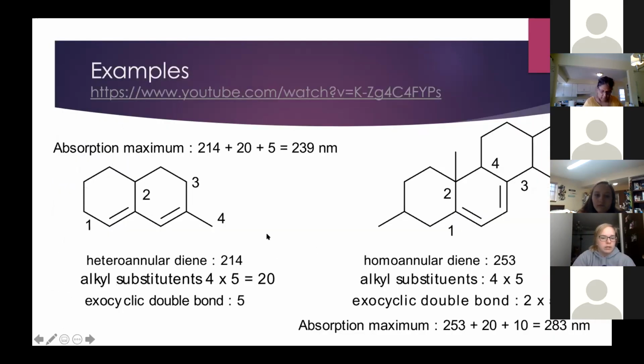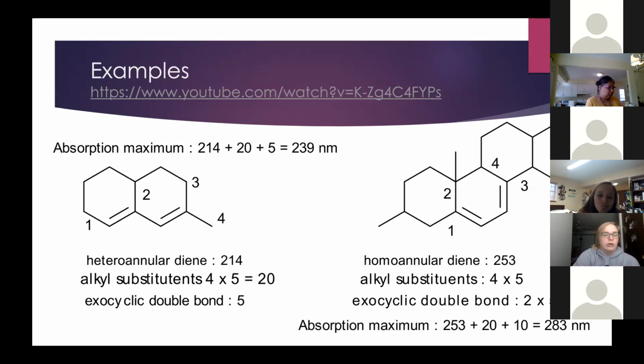So I have a couple examples here. In the first one, you see your conjugated pi bonds. But this one isn't a homoannular diene, it's a heteroannular diene because the double bonds are not within the same ring. So your base value for that is going to be 214.